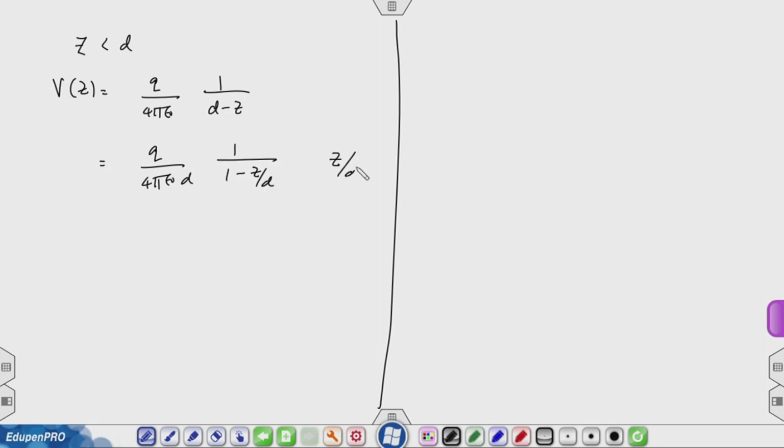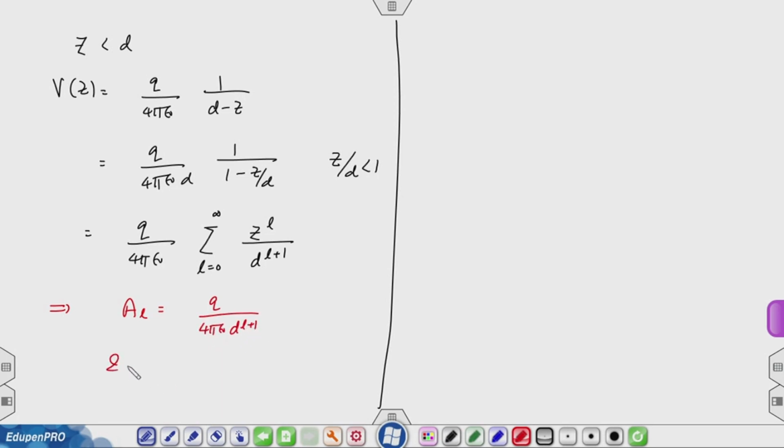Z over d is less than 1, and therefore, this is q over 4 pi epsilon 0 summation L going from 0 to infinity z raised to L over d raised to L plus 1. And this immediately gives you that AL is q over 4 pi epsilon 0 d raised to L plus 1, and BLs are 0 for z less than d.